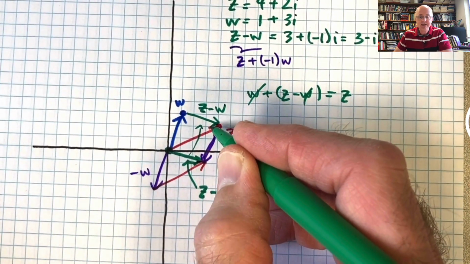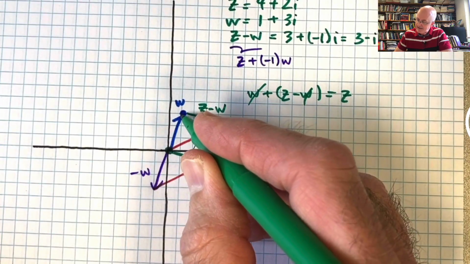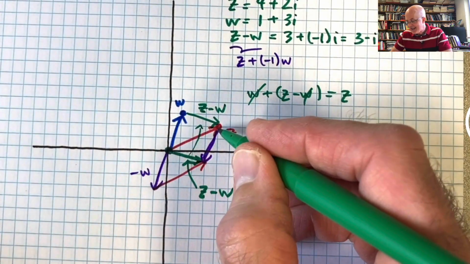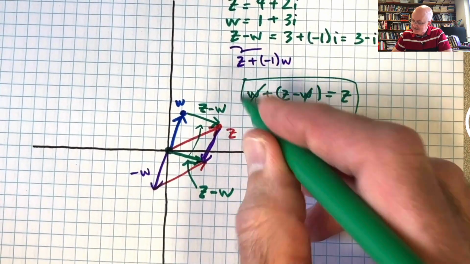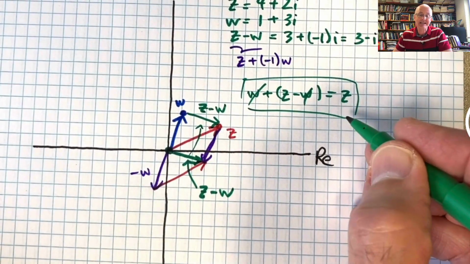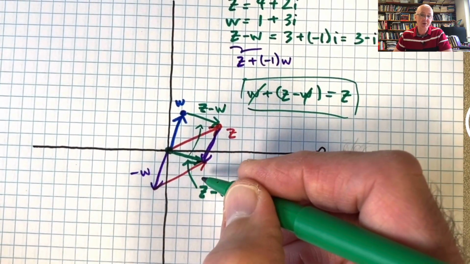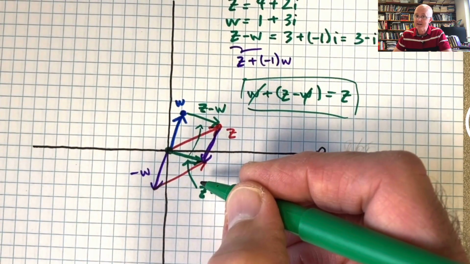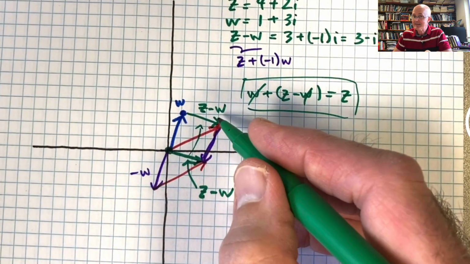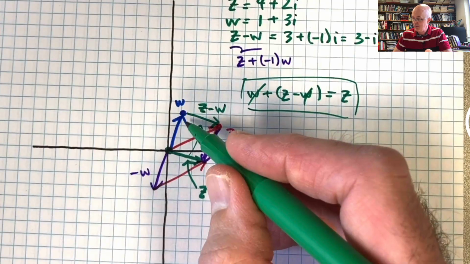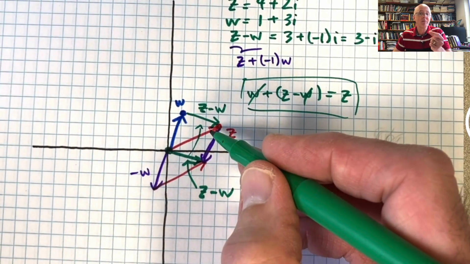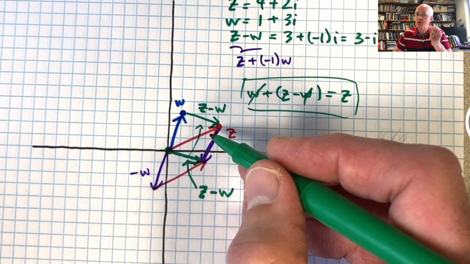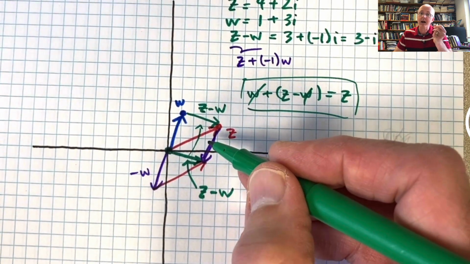The head of z minus w, when you put its tail at the head of w, is pointing at the head of z, illustrating this fact: w plus z minus w is z. Both of these geometric interpretations are valid, and they're both useful. I especially like this one, drawing z minus w as this arrow. That's going to be especially helpful for calculus when we think about interpreting derivatives in complex analysis.